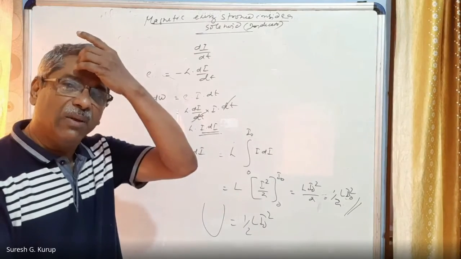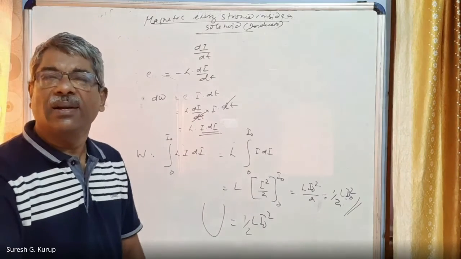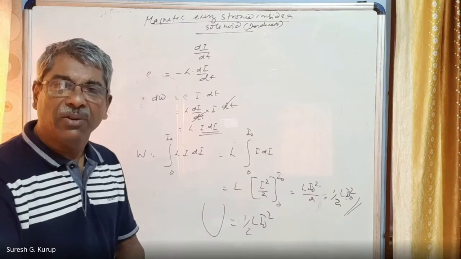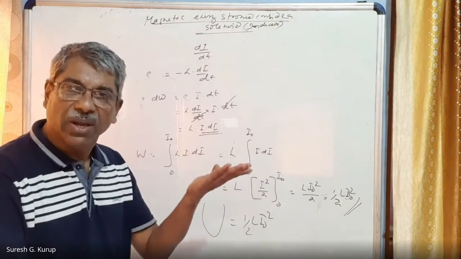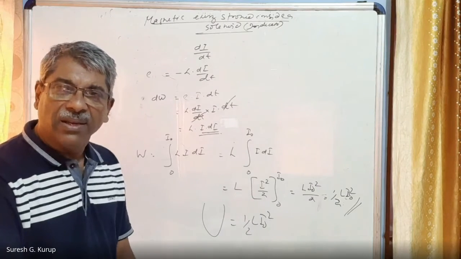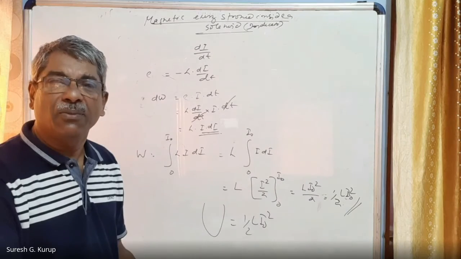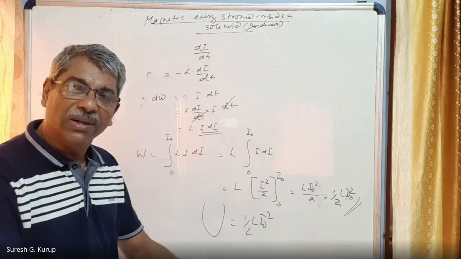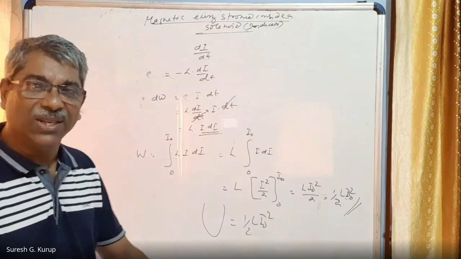For example, mv square: if you run with velocity v, the kinetic energy your body produces is mv square, just like mc square, Einstein's relation. But the value of energy used is only half. Another half is gone, dissipated. That is taken as tax by nature, right?